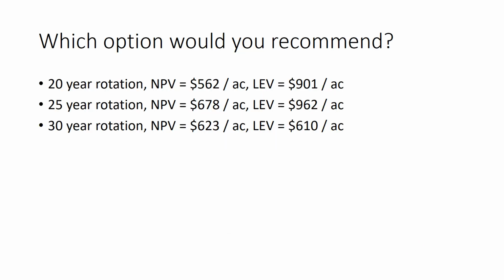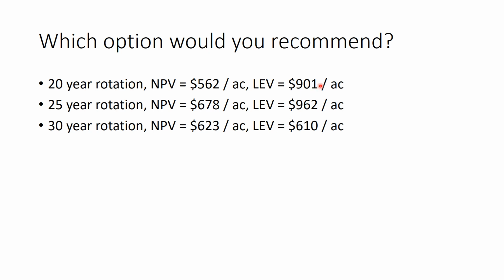Okay? So, looking at the outcomes from those, 20-year rotation, 25-year rotation, 30-year rotation, we can see they have different net present values, but we don't look at those because they're different lengths, and so it's not valid to compare their net present value.